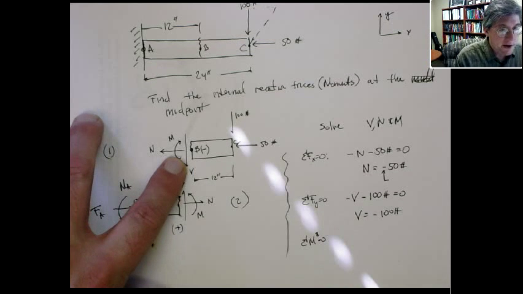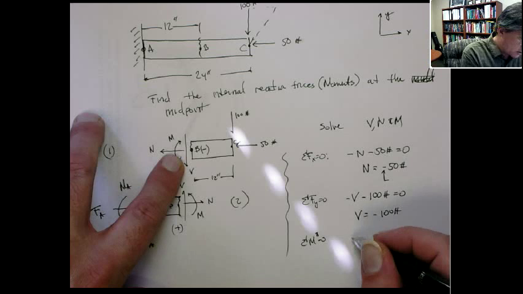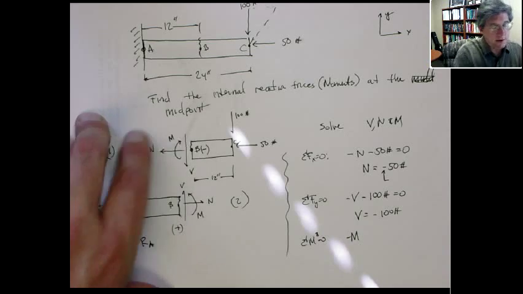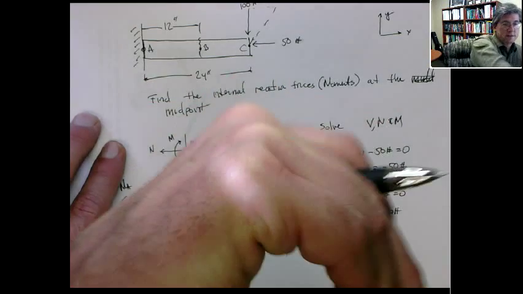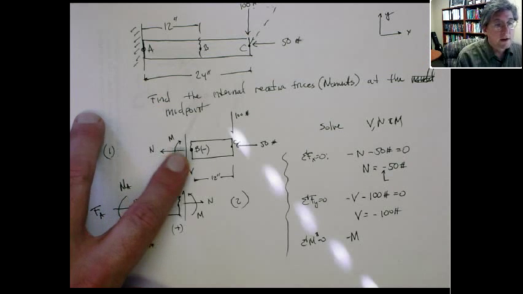So using this free body diagram, you would get sum of moments. Well, we have the internal moment there. And the way I drew that, that's actually a negative moment. I drew that so it's going around the negative z-axis. It's a negative face, so it's a negative moment.